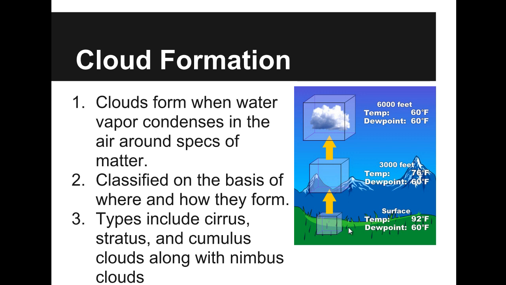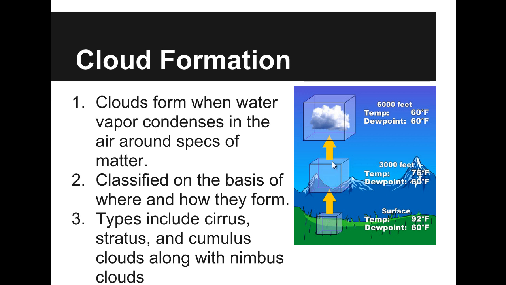But in our diagram here, we have an imaginary box of air down here at 92 degrees Fahrenheit. As that imaginary box of warm air rises, up here about 3,000 feet, the temperature might only be 76 degrees. Remember, as this air is rising, it is starting to cool off.